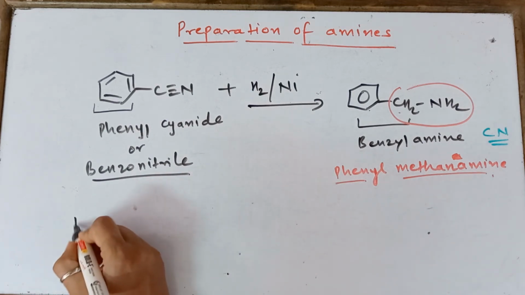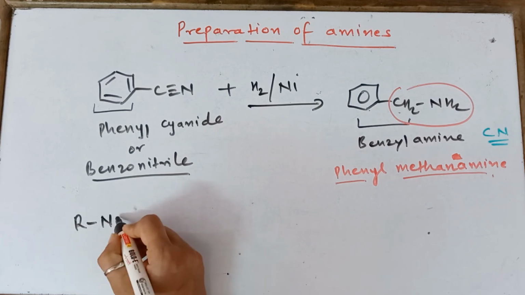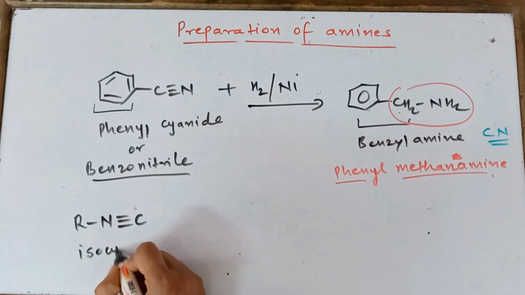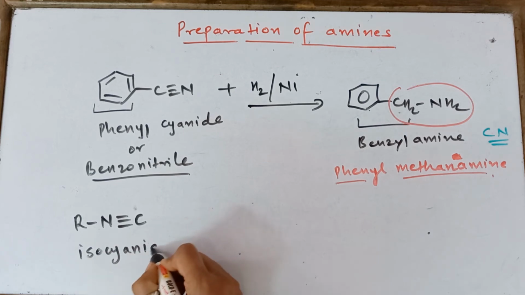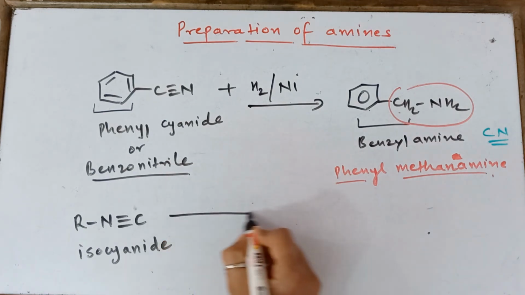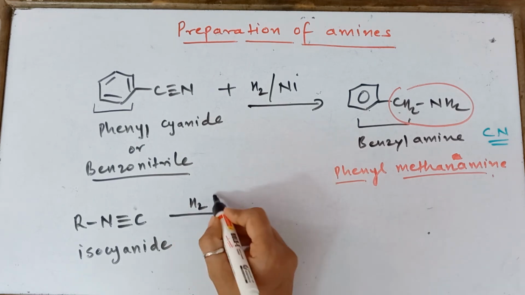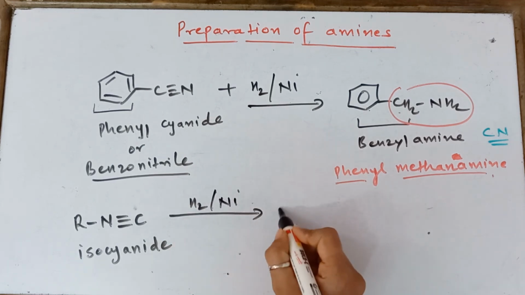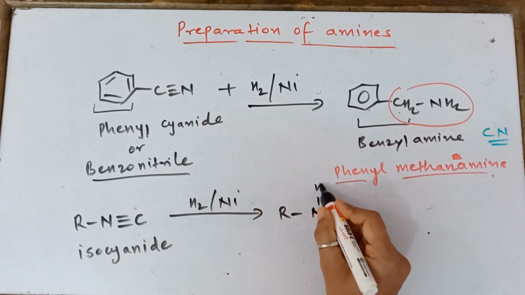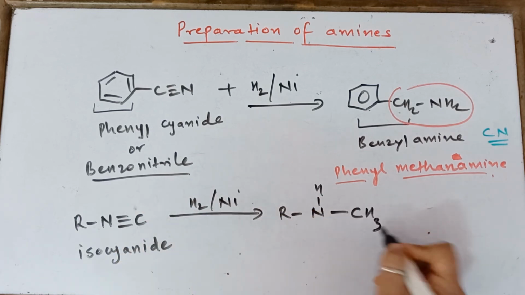Similarly, we all are aware that these are isocyanides. Isocyanides are the isomers of cyanides. So this is going to be your alkyl isocyanide. We can also reduce our isocyanides with the same reagents as we discussed above, and we can have RNC and we can have HCH3.